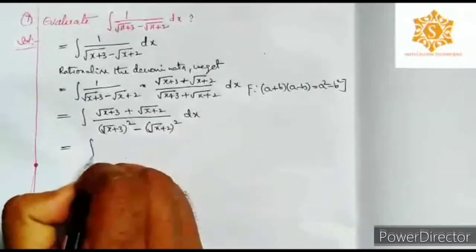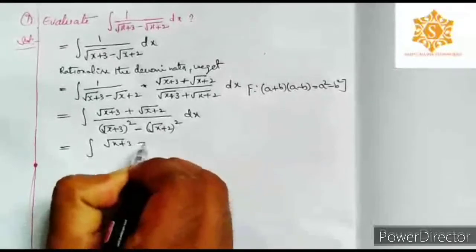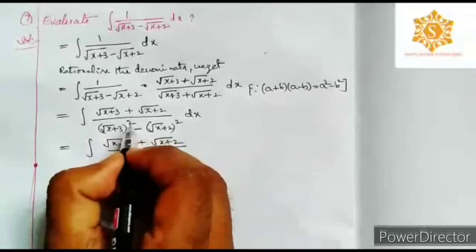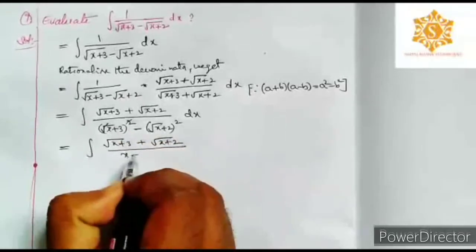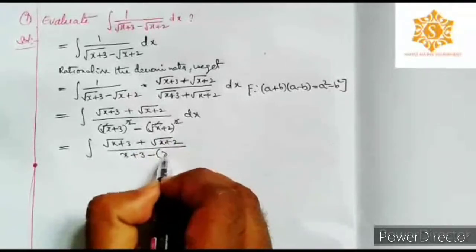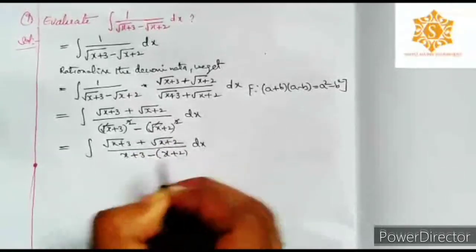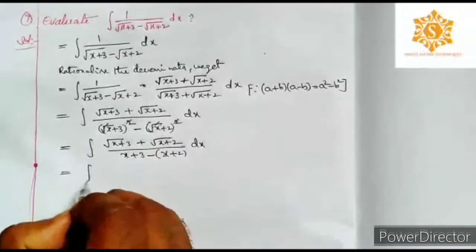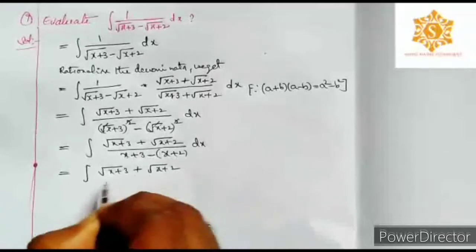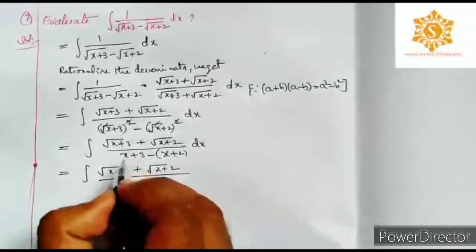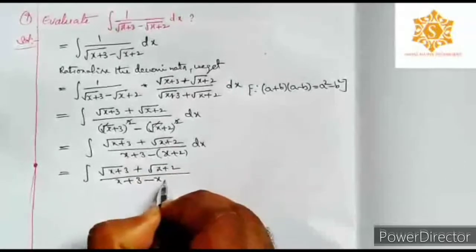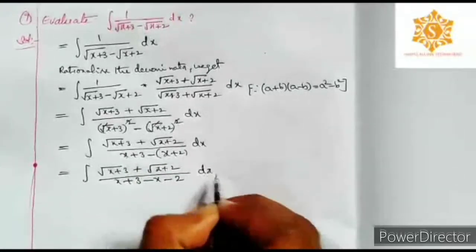So integration of root of x plus 3 plus root of x plus 2 by root of x plus 3 whole square, square root cancel, remaining x plus 3. Here also square root cancel, remaining we have minus of x plus 2 into dx. So integration of square root of x plus 3 plus square root of x plus 2 by x plus 3 multiply with minus, minus into x, minus into plus 2, minus 2 into dx.